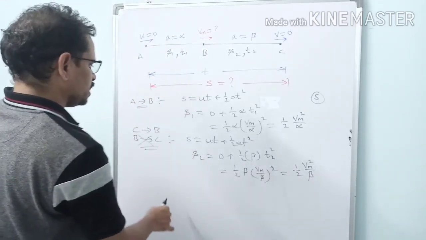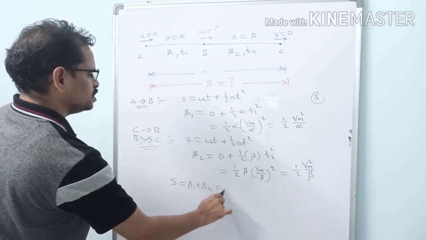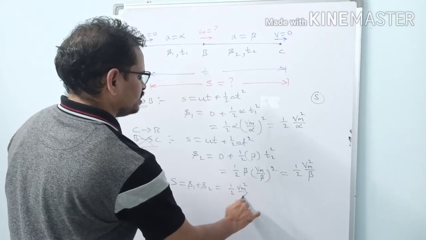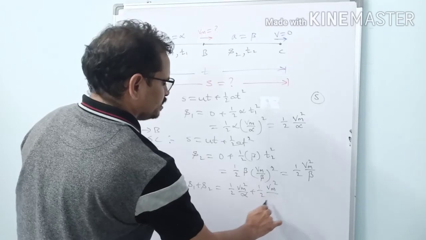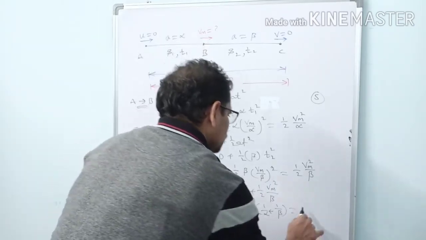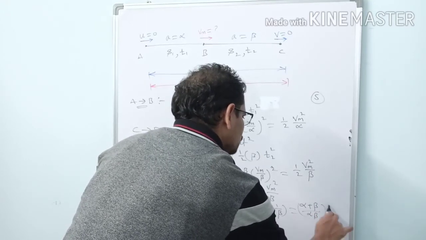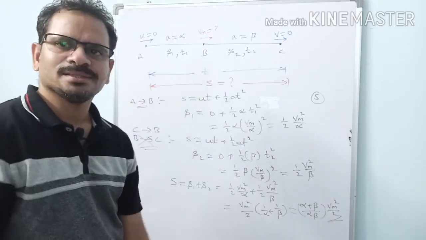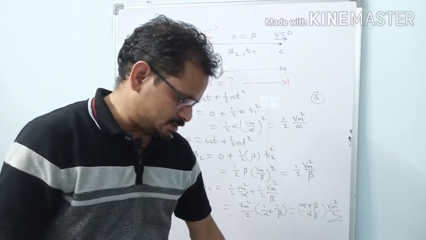So what is the total displacement? s equal to s1 plus s2, equal to half Vm square by alpha plus half Vm square by beta. So this is equal to alpha plus beta by alpha beta into Vm square by 2. How simple it is. Okay, in this way we can solve problems very easily, right?